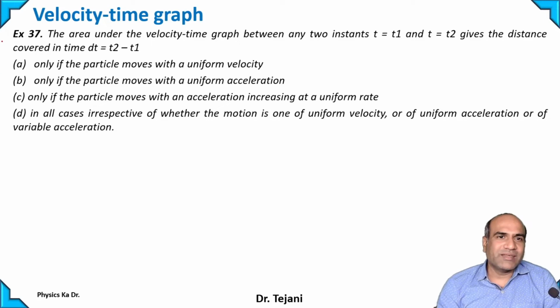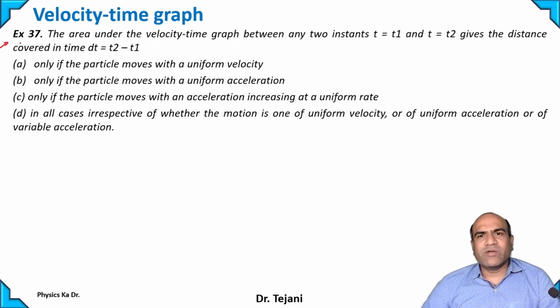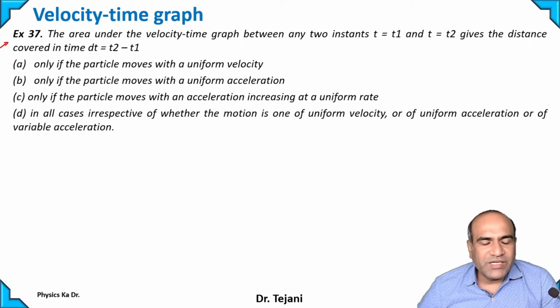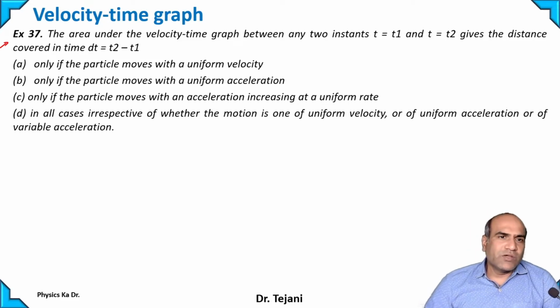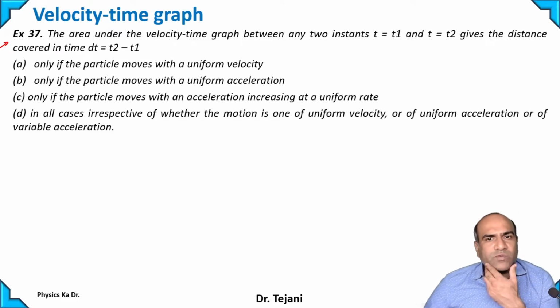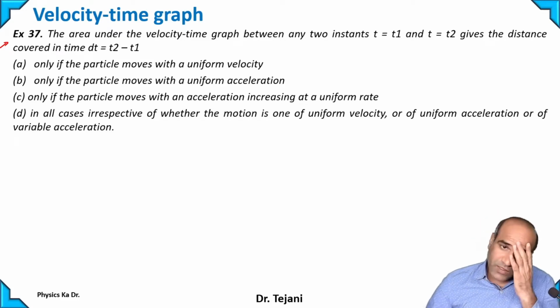One more question. The area under the velocity time graph between any two instants t1 and t2 gives the distance covered in the time t2 minus t1. This is given only if the particle moves with uniform velocity.